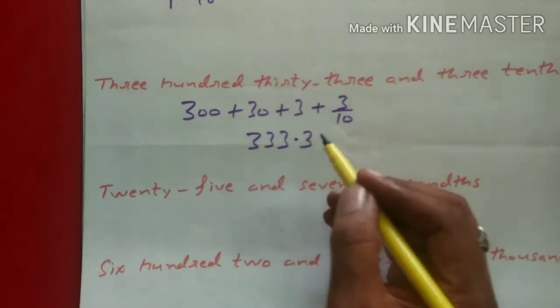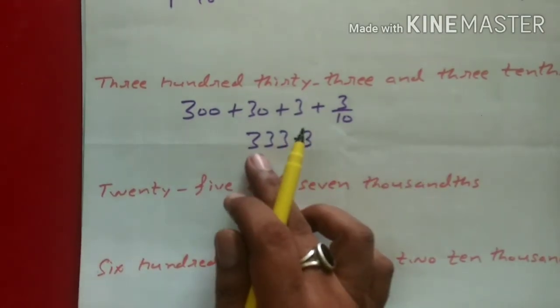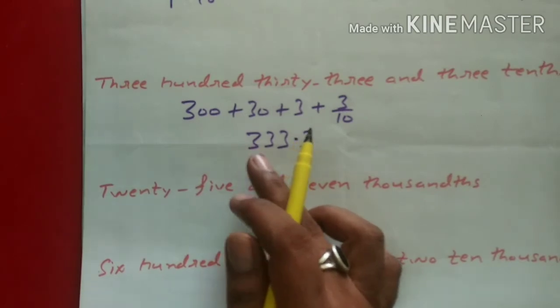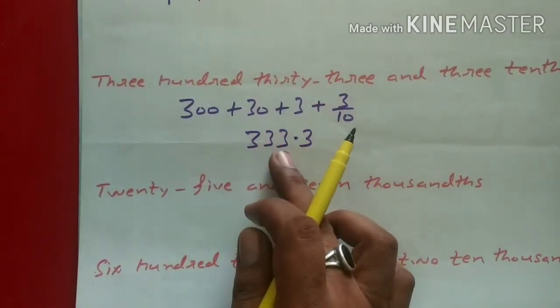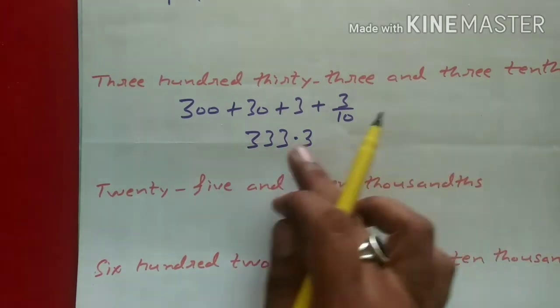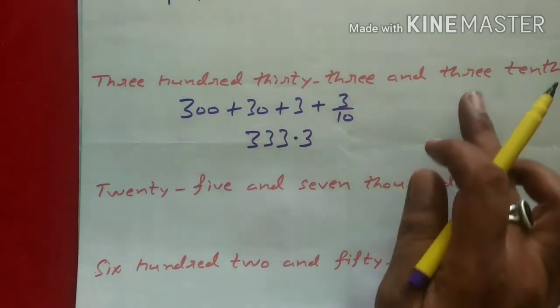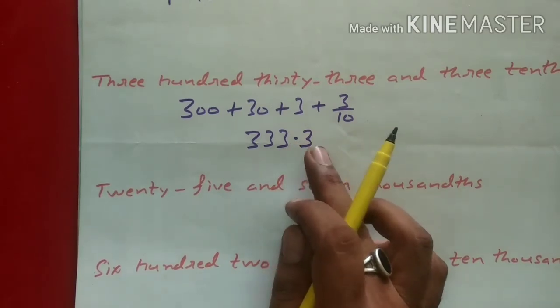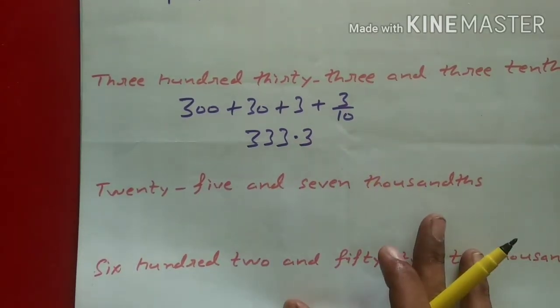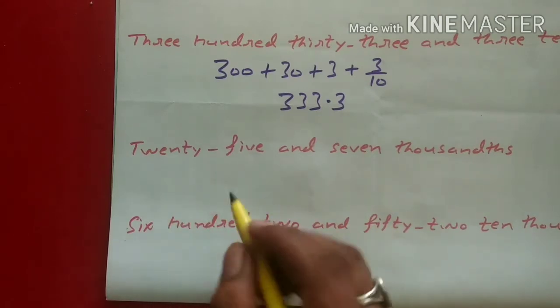So I will write 3. Now it is the proper answer for the given statement. 333 and decimal 3/10. After the decimal only 1 digit should be there.